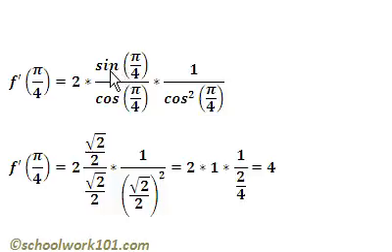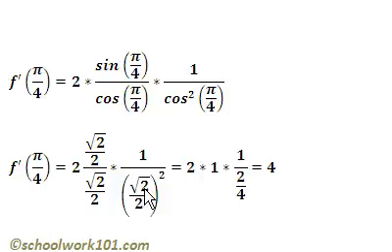So you need to know what the sine of pi over 4 is equal to, and it's equal to the square root of 2 over 2, and the cosine of pi over 4 is also equal to the square root of 2 over 2, and of course that's going to all cancel out to be 1, and then we have the 2 carried over here.